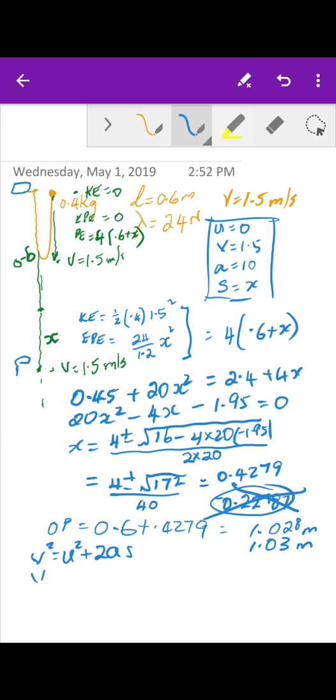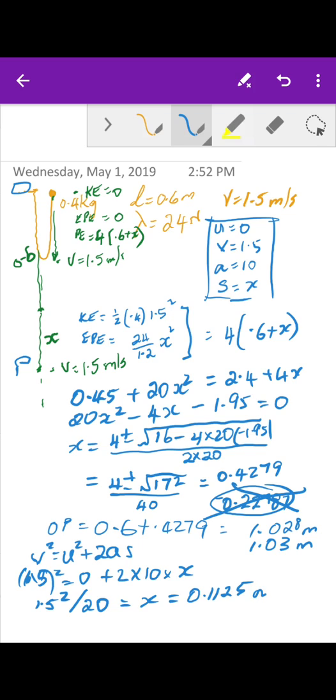So v squared, 1.5 squared, equals 0 plus 2 times 10 times x. So 1.5 squared divided by 20 is equal to x, and that is 0.1125. So 0.113 to 3 significant figures.